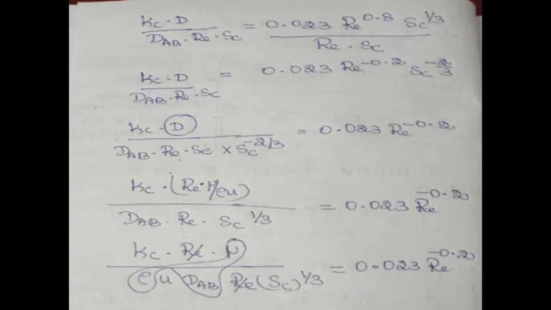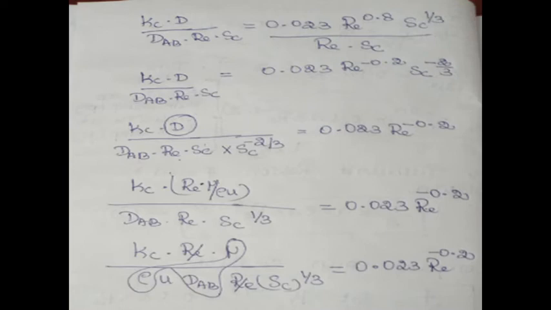So replace the capital D with Reynolds into mu by rho into u. This value is taken from the Reynolds number, Reynolds number is equal to rho u d by mu. From that, capital D is equal to Re into mu by rho into u.